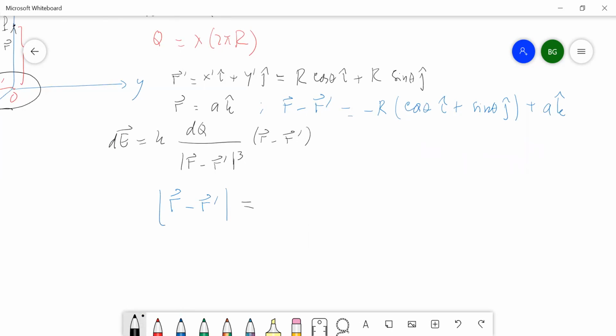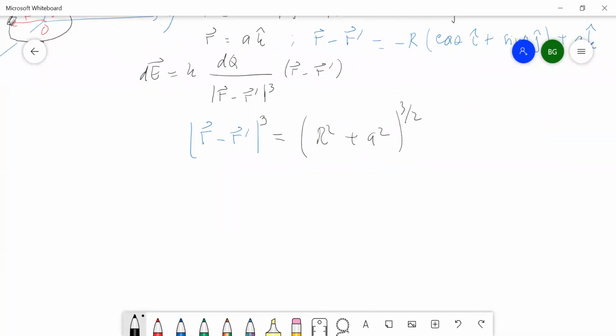The magnitude of this vector is the square root of r squared plus a squared, so the order becomes 3/2. You can see that it doesn't depend on theta.